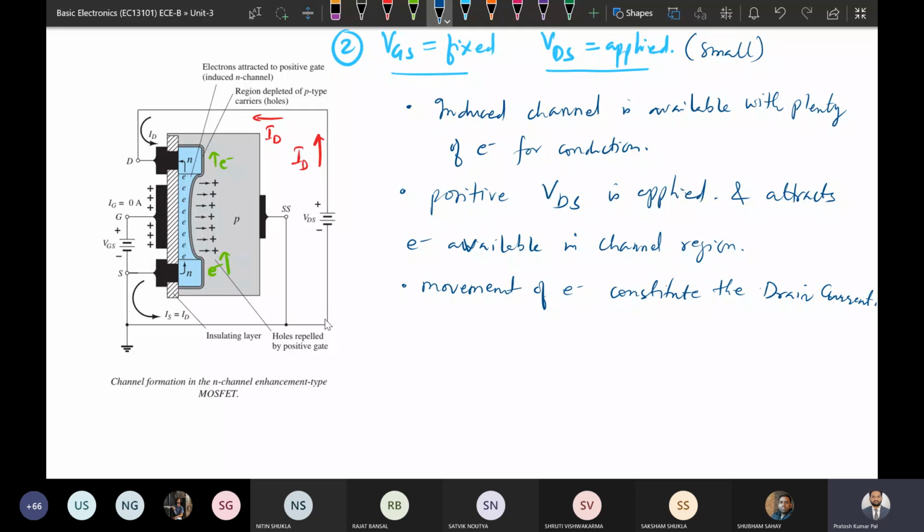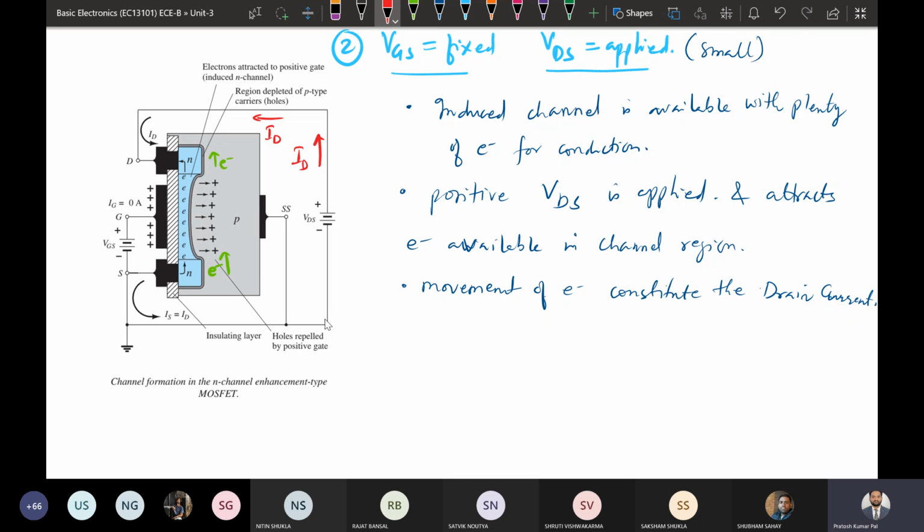But this depletion region will be more near the drain side than the source side. Why will there be more depletion region near this side? Because if we compare these two diodes, this is the P side and this is the N side.